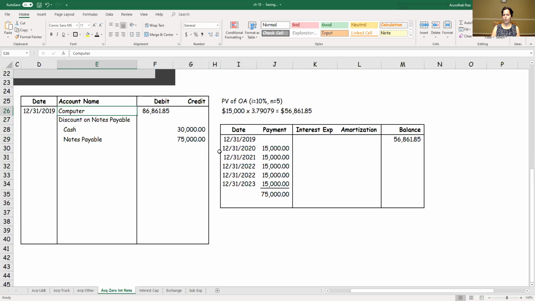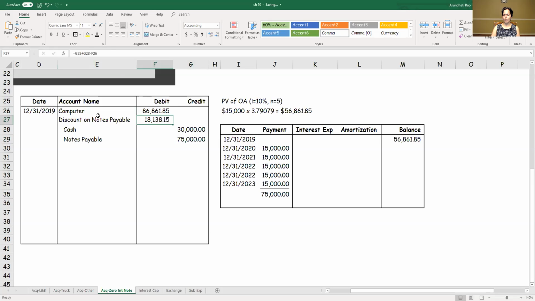Instead, I have agreed to pay 30 plus 75. The 75 is spread over five years, but I'm paying a total of $105,000 for a computer that's really worth 86,861 today. That's the present value. So the difference over here, the plug number is my discount on notes payable.